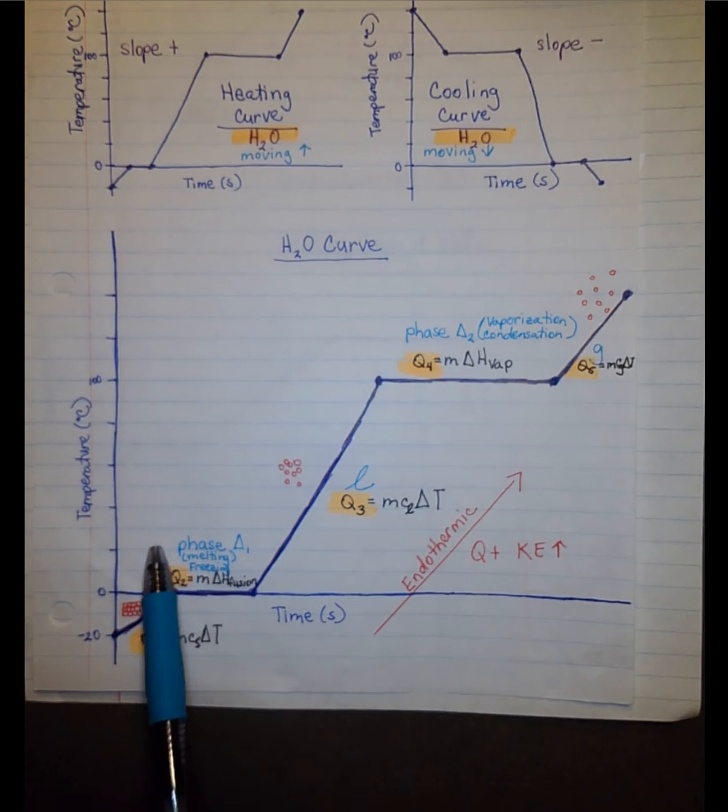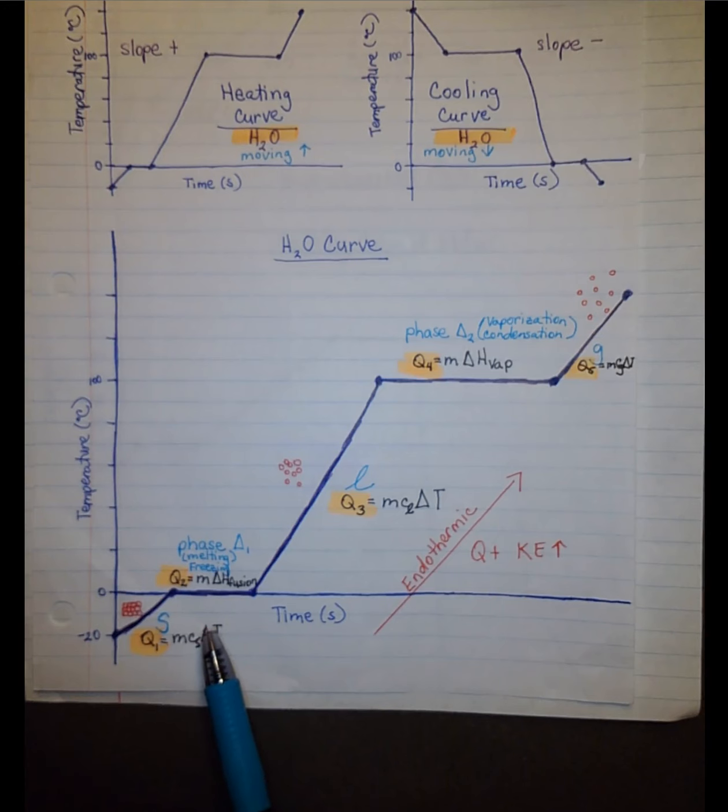But when you get to this first phase change here, this is where the molecules start changing formation. Let's go back to the state of matter for solids here. There is kinetic energy, so these molecules are beginning to move. But it's over here when these molecules start reacting and changing formation due to that kinetic energy.